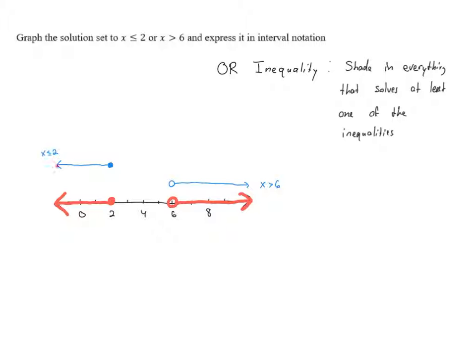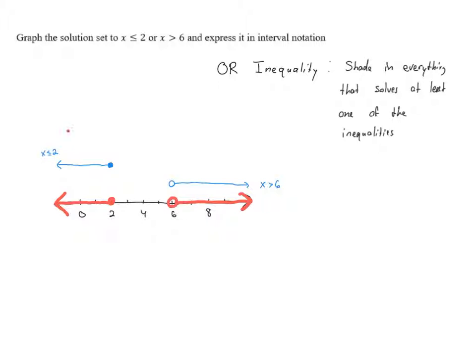You need to be under one of them to be protected, or under the other one. So with an or inequality, we can shade in everything underneath one of them, and also everything underneath the other, because those are the parts of the number line that are protected from the rain.